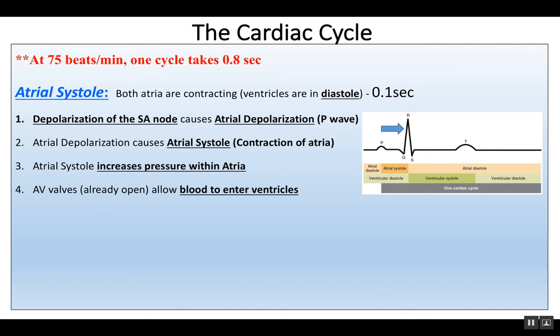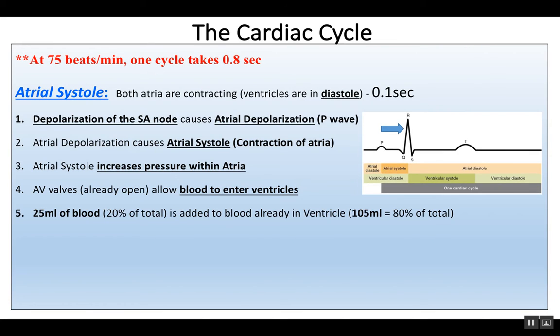But during atrial systole, blood enters the ventricles, but only about 25 milliliters, or 20% of the total blood that's going to fill a ventricle. What this means is there's already blood in the ventricle, about 80%. So what can you think of?